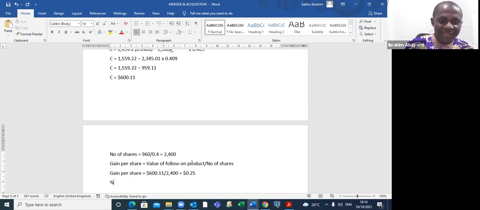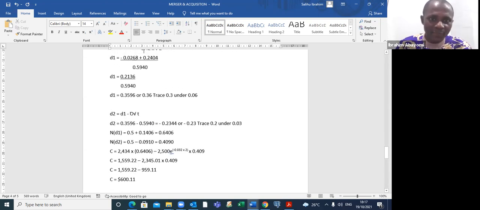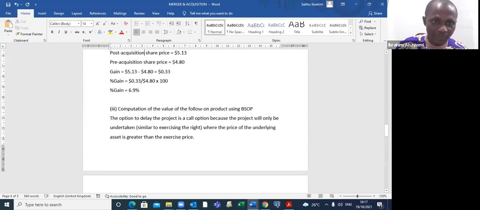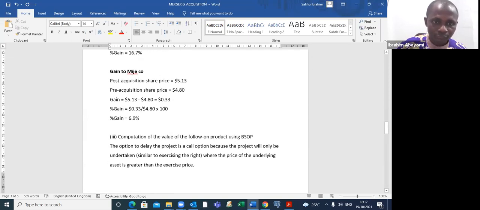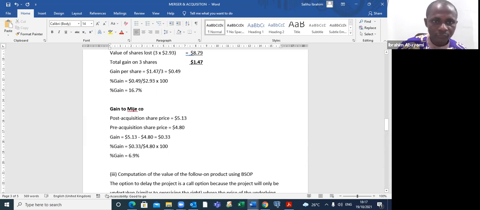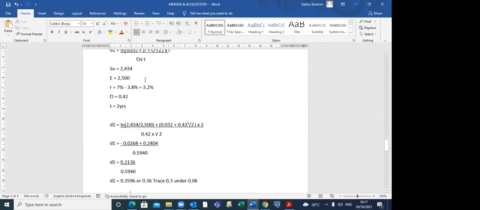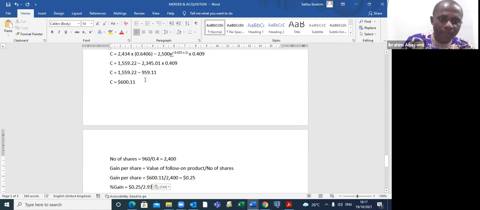What is the percentage gain? Percentage gain is equal to the gain per share of 0.25 over their market price per share before acquisition, which I've used before. Let me show you. This was their market price before the acquisition. So I copy it and paste it here.